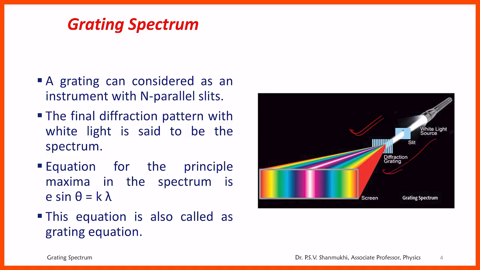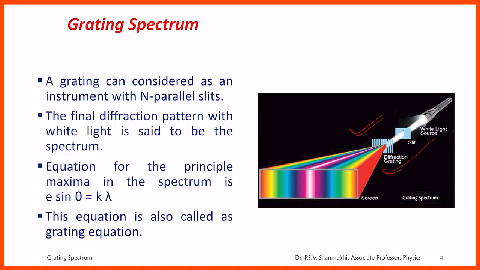A diffraction grating can be considered as n parallel rectangular slits. There is Fraunhofer diffraction due to a single slit, a double slit, and the n slits case also. Here this is called n slit diffraction in the case of Fraunhofer.